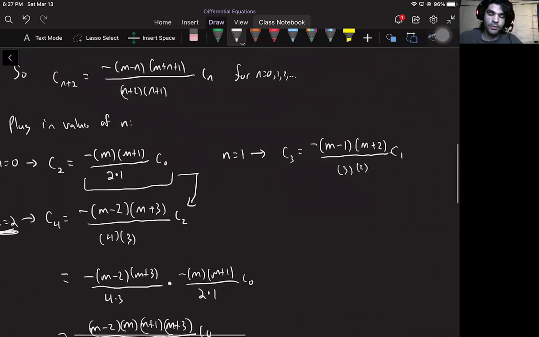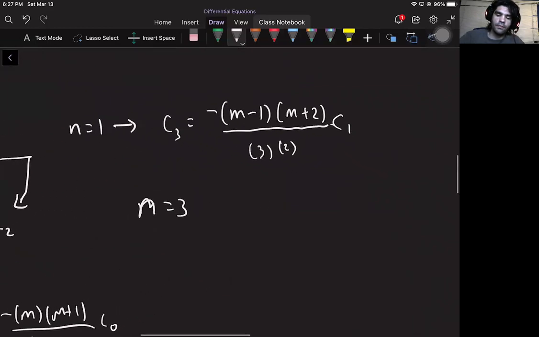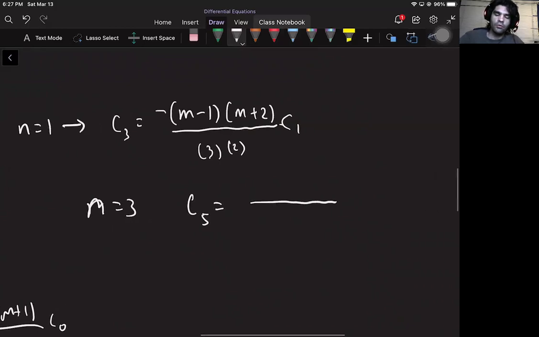Okay, so that was 1. So the next odd number would be 3. N equals 3. So that's going to tell me C3 plus 2 is 5. And I'm using the same formula.